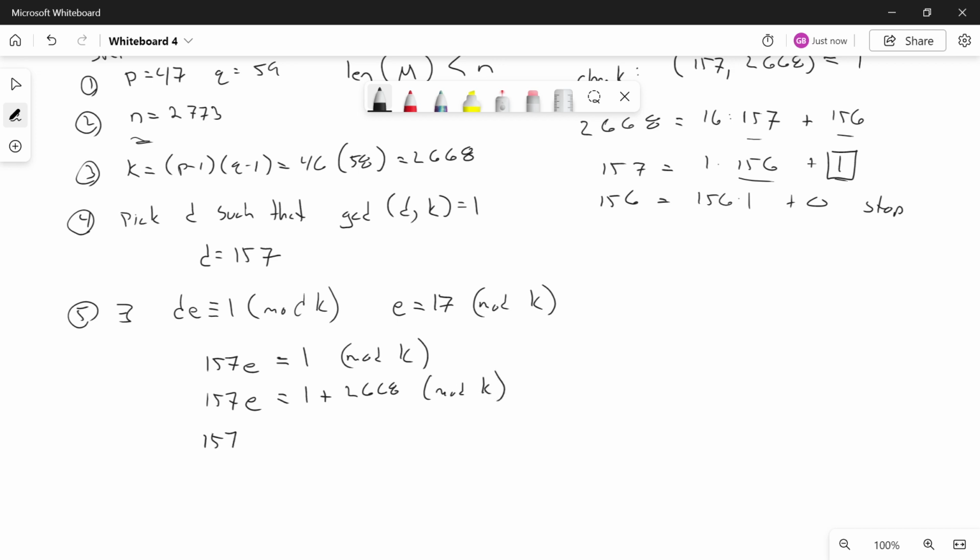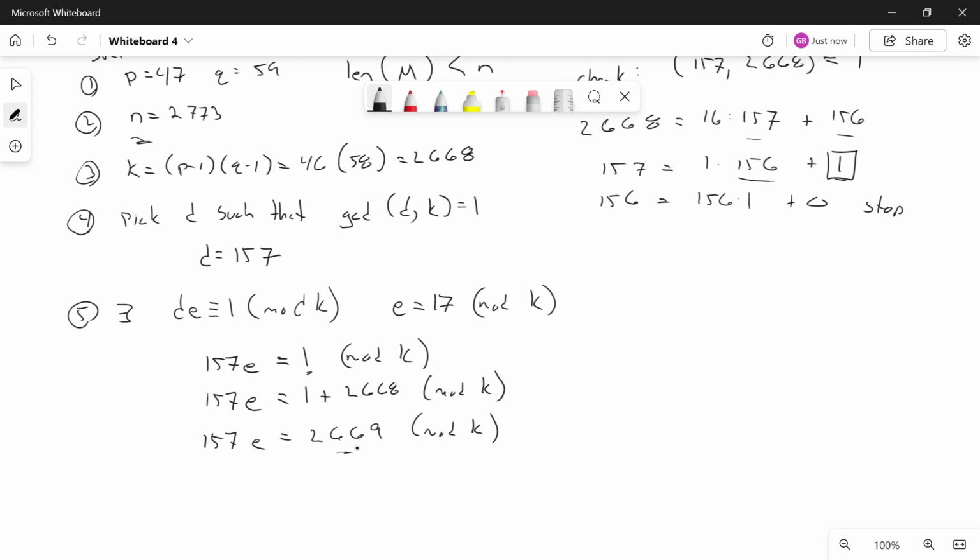So I have 157 E is equal to 2,669 mod K. Now notice that 157 didn't divide 1 the first time around, but 157 divides this new version of 1. Again, it looks slightly different, but means exactly the same thing, mod K, or mod 2,668.